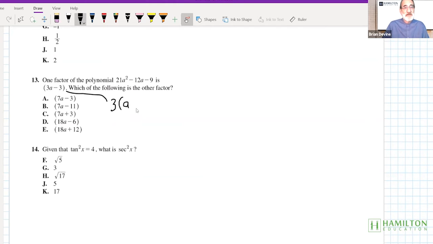So I can factor that as this, which means that I could have pulled a 3 out of here, rewritten this as 3 times 7a squared minus 4a minus 3. So a minus 1 must be a factor of 7a squared minus 4a minus 3.